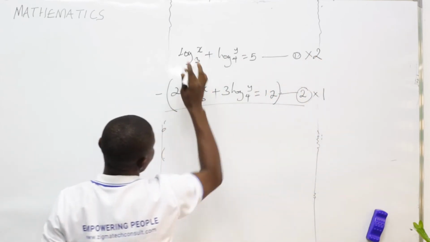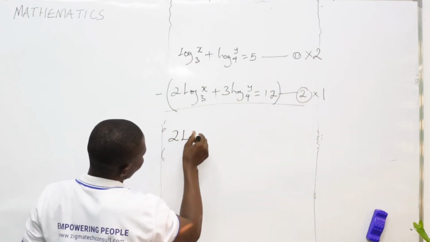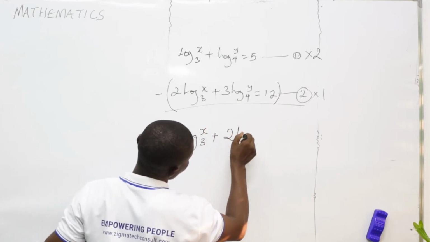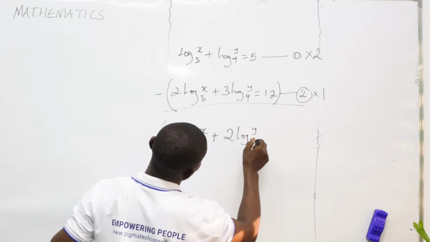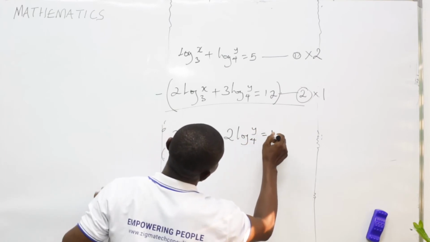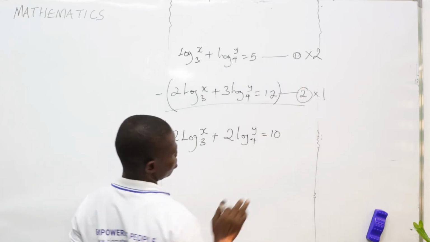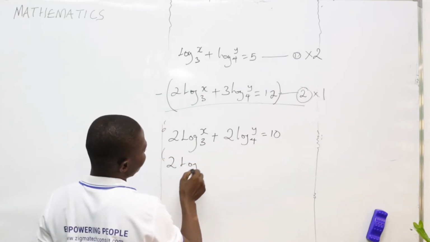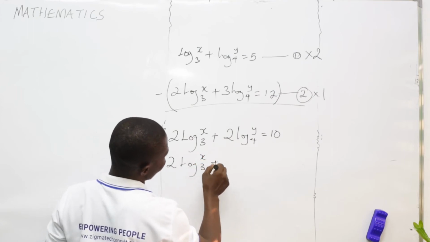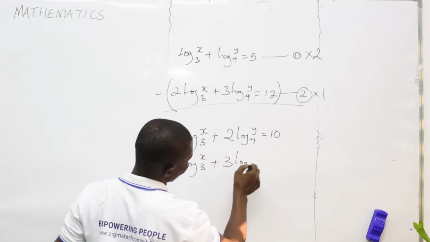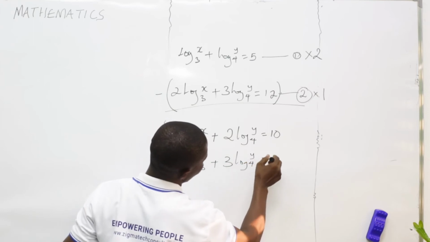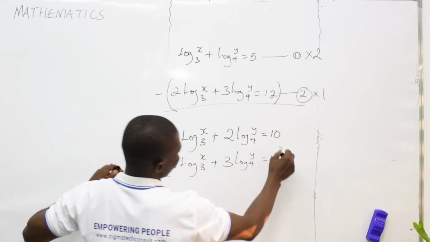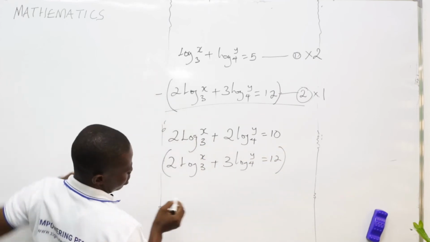So 2 multiplied by this will give us 2 log x base 3 plus 2 log y base 4 equals 10. 5 times 2, 10. Okay? 1 multiplied by anything gives back whatever we have. This is this, equals 12.